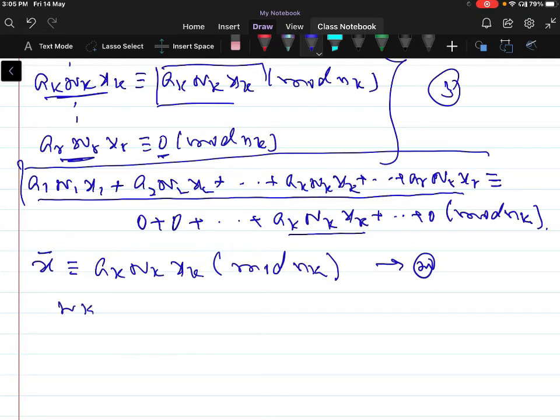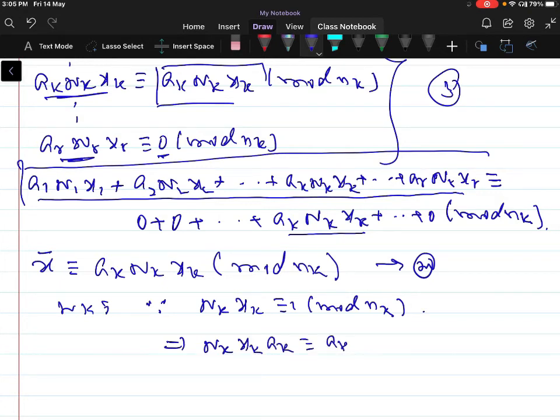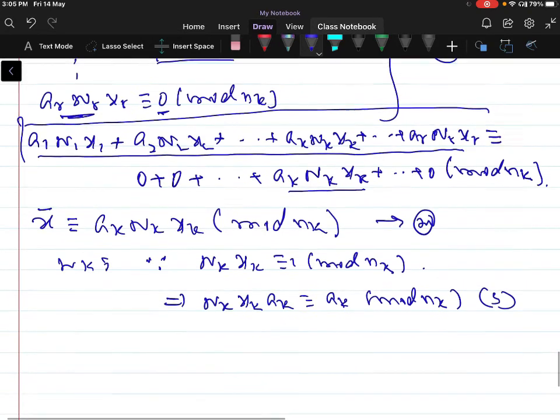We know that nk xk is congruent to 1 modulo nk, from equation 1. So this implies nk xk ak is congruent to ak modulo nk, which is equation 5.